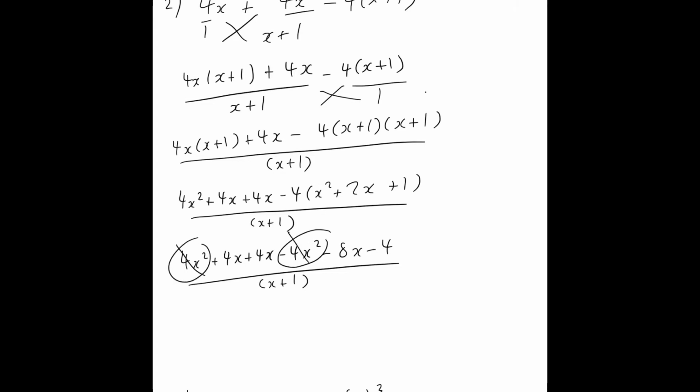Alright, so now you have 4x squared plus 4x plus 4x minus 4x squared plus becomes a minus 2 for 6, 8, that is minus 8x minus 4 all divided by x plus 1. Now these two, they cancel out each other, and you have 4 plus 4 minus 8, that gives these two cut out as well. That gives you a minus 4 divided by x plus 1.